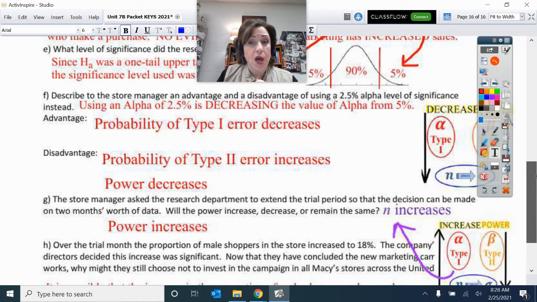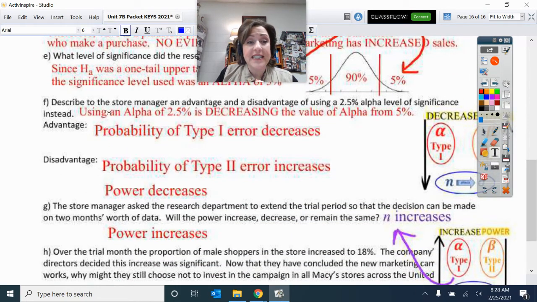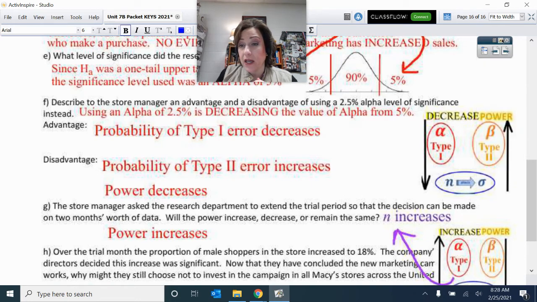Well, what's going to happen if they decrease the alpha to 2.5%? So what I did was I copied this little graphic here on the picture that showed me the alpha going down, decreasing alpha.